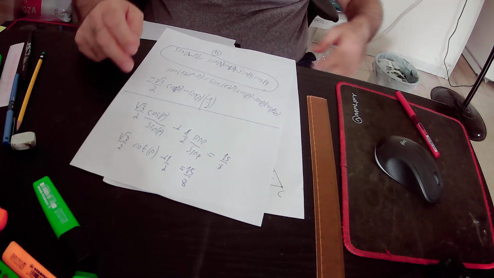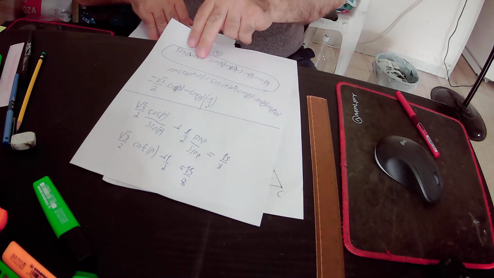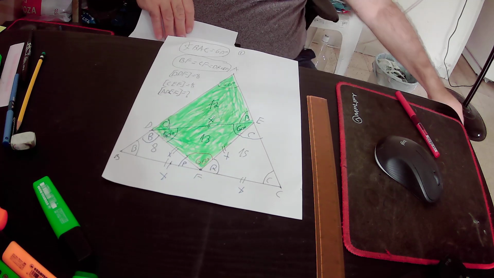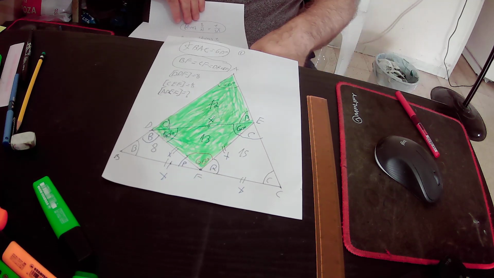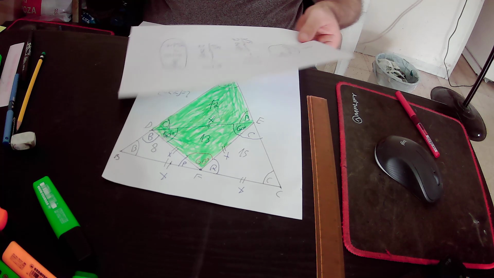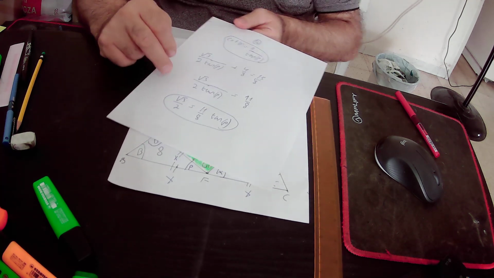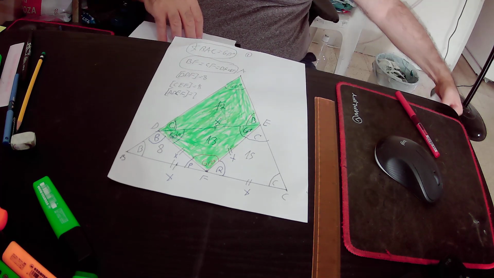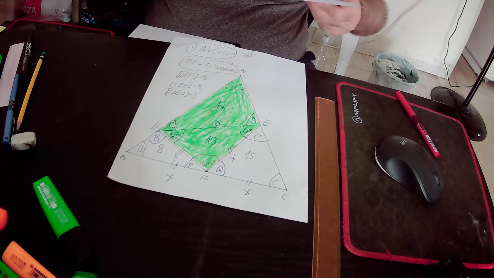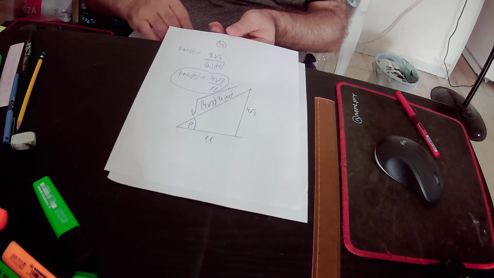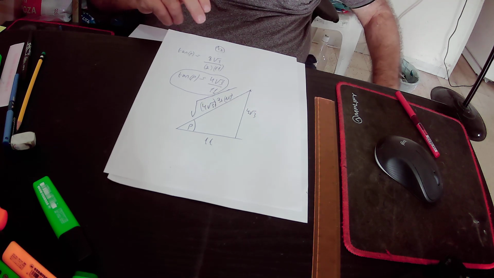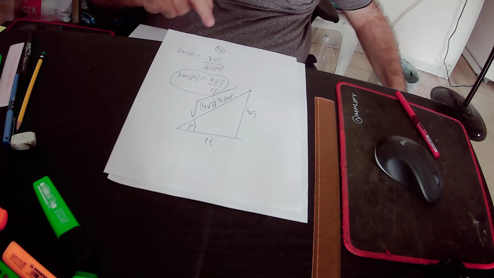And we found out that cotangent, actually tangent p, equals 4 times root 3 over 11.